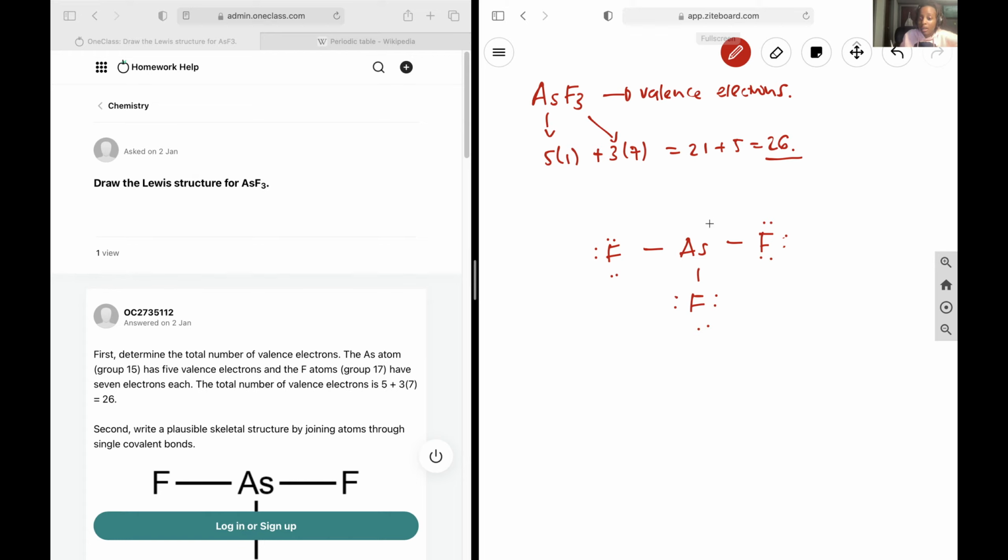So we have 2 more left over, and that makes sense. As does not have a filled octet, so the last 2 electrons just go right there. And we won't have any formal charges because 2, 4, 6, 7. So just in case you haven't been understanding how I've been counting those formal charges on each.